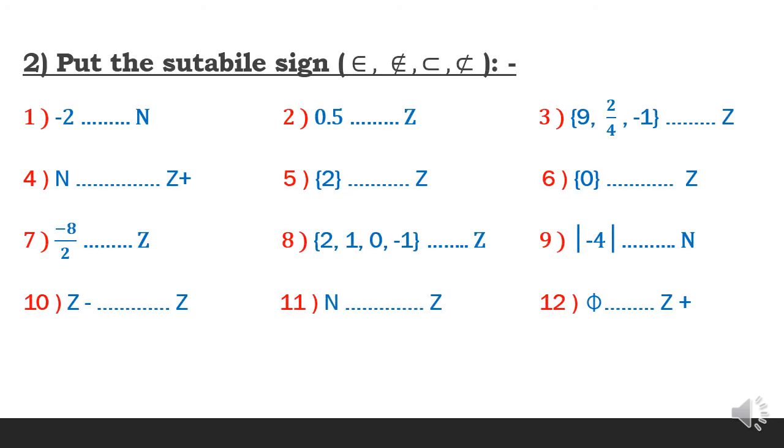Put the suitable sign: belong, not belong, subset, not subset. Negative 2 to natural numbers.